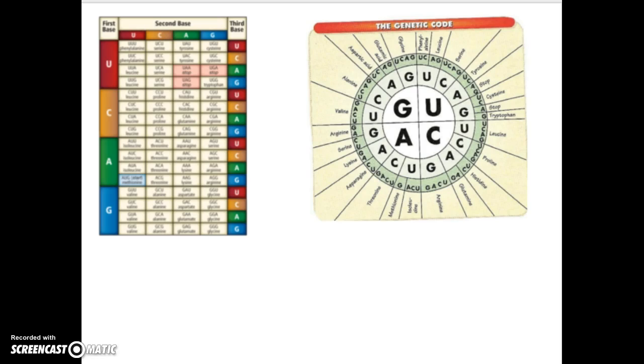That way, again, if there's a goof up in transcription or replication, more than likely the mistake is usually made on the 3rd base of a codon. So this way, if there is a mistake made, it's not going to make any difference to what the ending result for the amino acid will be. So if there is an alanine in the amino acid sequence, it can be coded for in a few different ways.